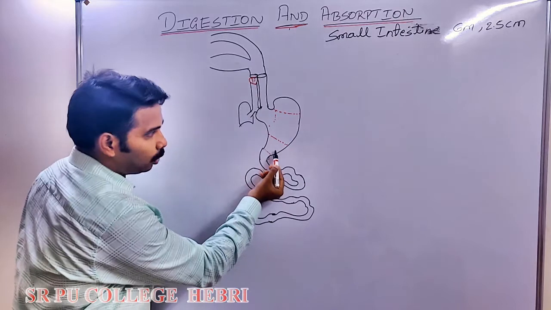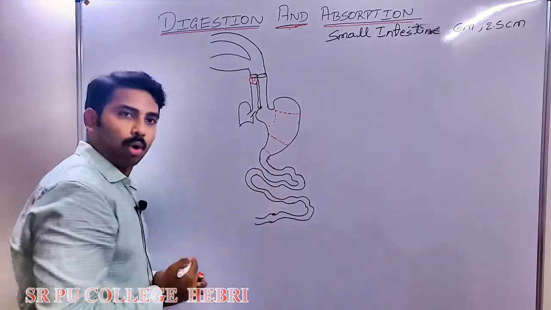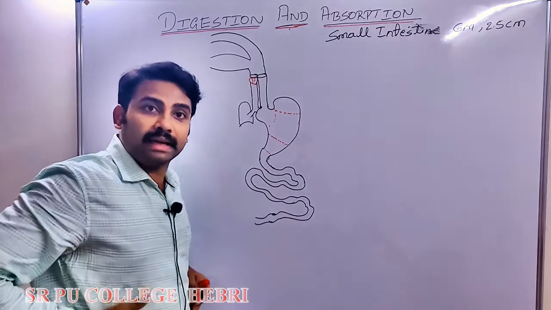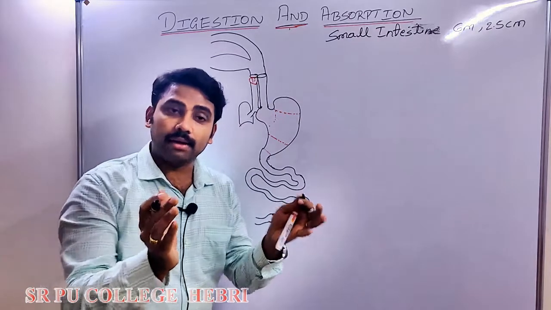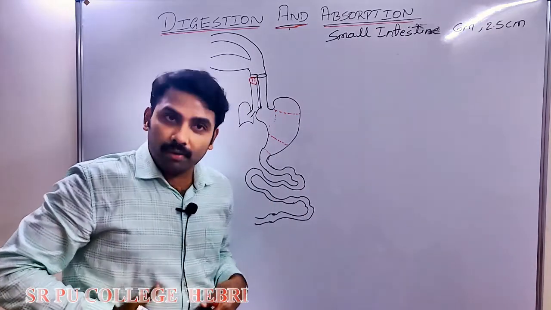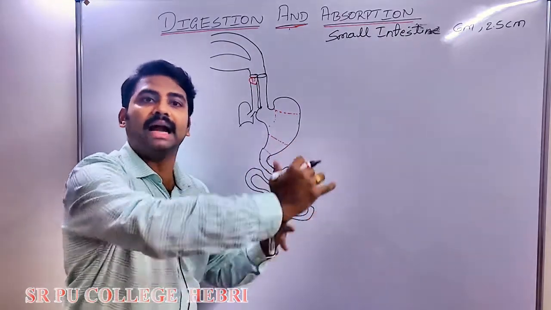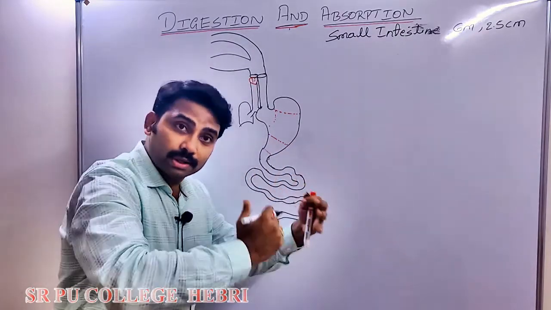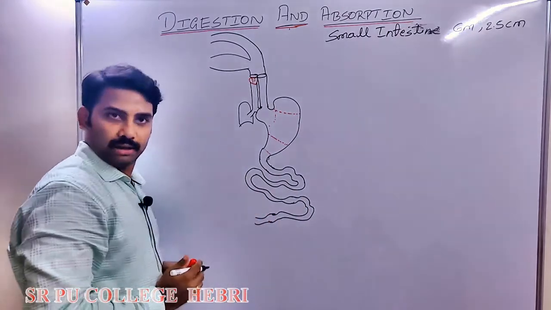Now the pyloric region of the stomach continues into the 6 meter long small intestine. To fit inside our abdomen, the very long length is coiled and folded, so that it can be placed in a smaller region of our abdomen.